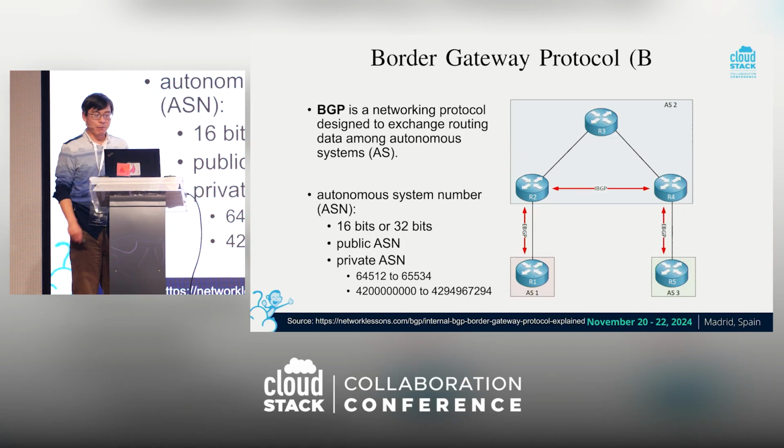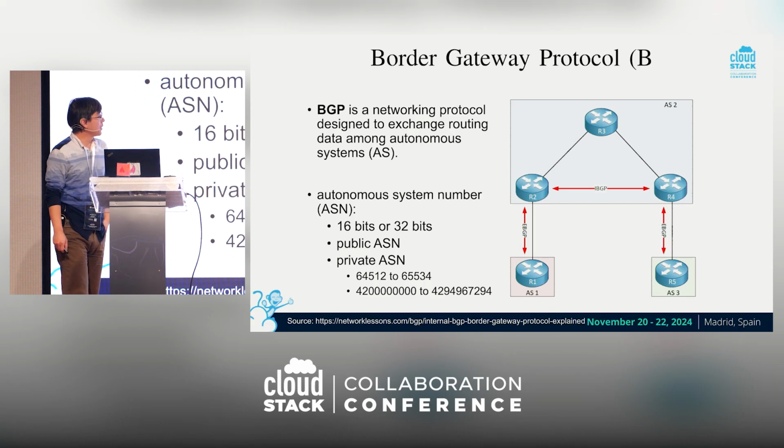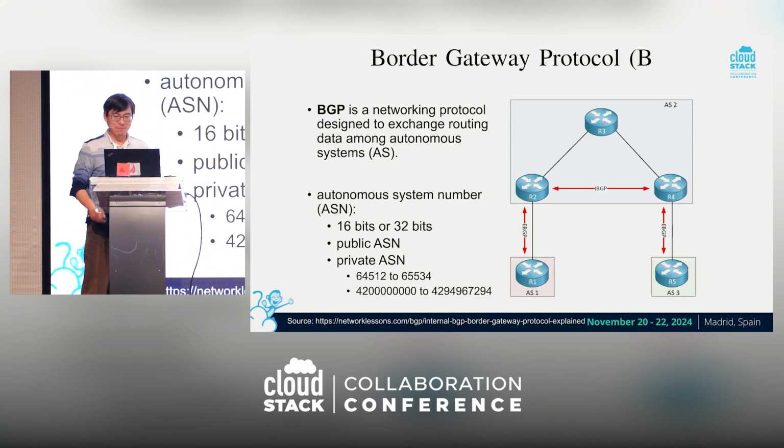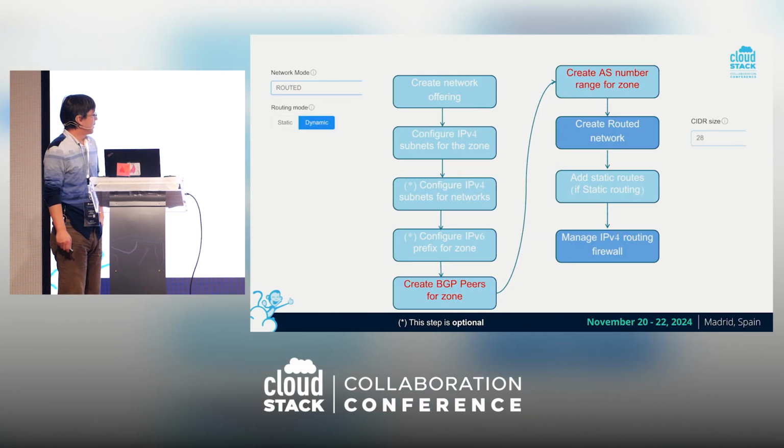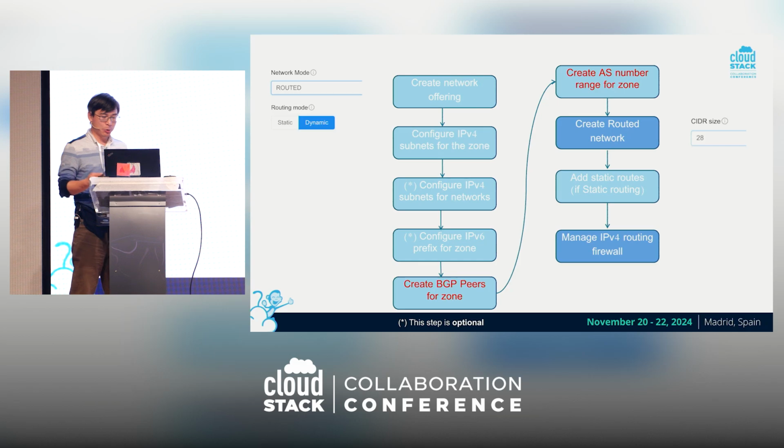I think many of us have attended the session for BGP and EVPN, so I will skip this one. I think many of us have more knowledge on BGP than me. To configure dynamic routing, there are two extra steps.